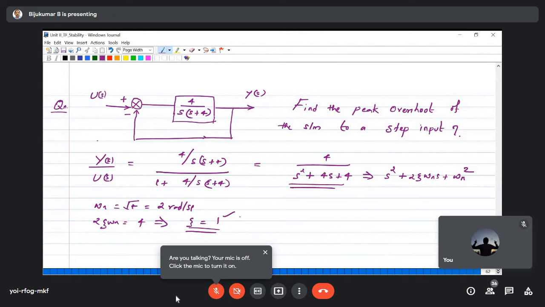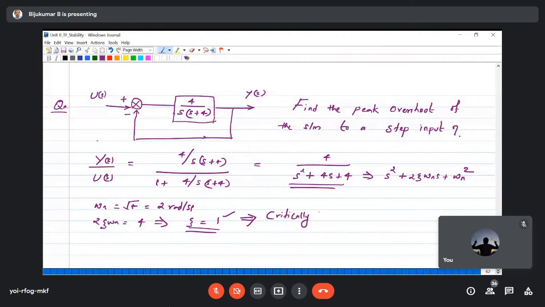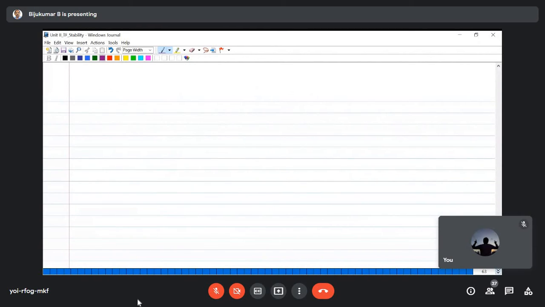That means zeta is equal to 4 by 4, which is equal to 1. Okay. So zeta is 1 means this is which kind of system? We already studied, right? It's a critically damped system. When zeta is 1, we call that system a critically damped second order system. Now find the peak overshoot.